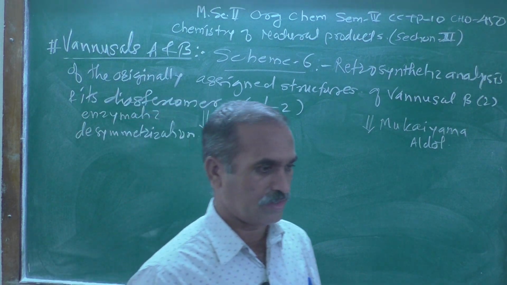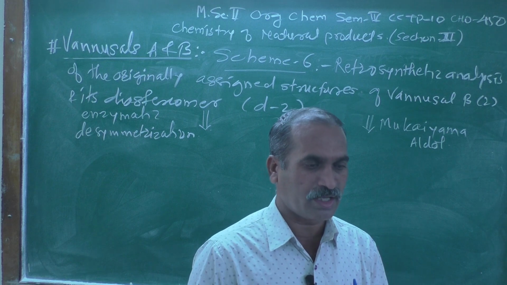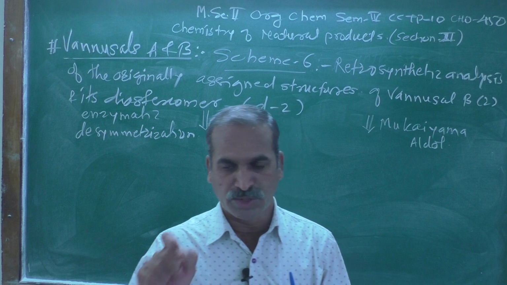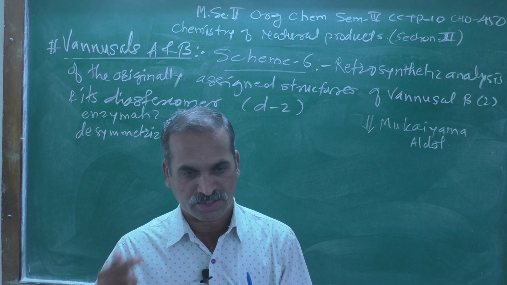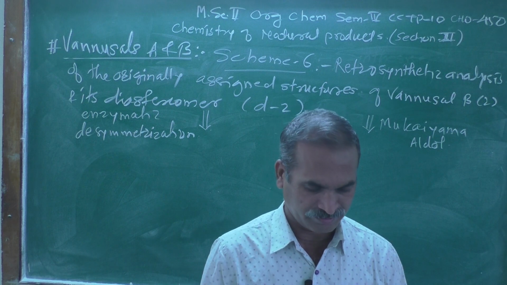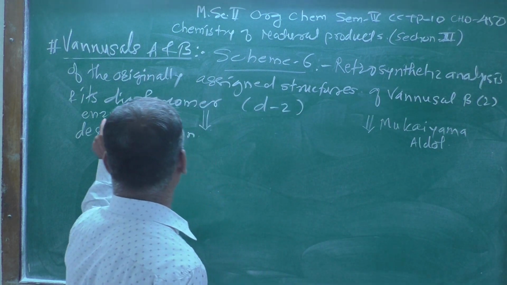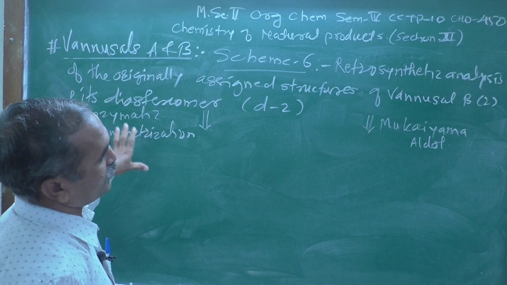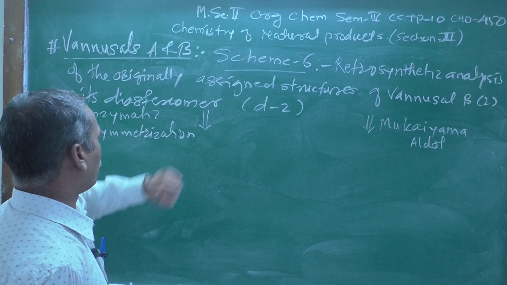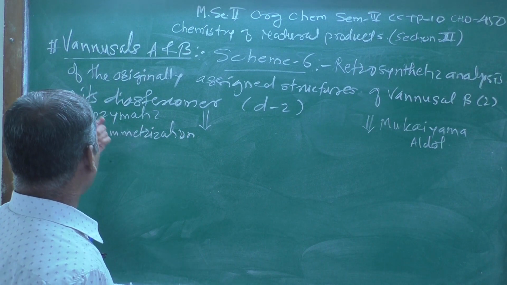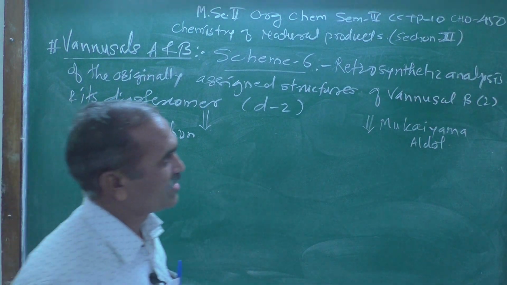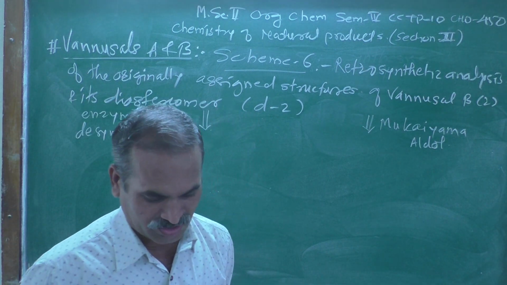Disconnection, as we know, is an analytical process which breaks a bond and converts a molecule into a starting material. And on that arrow we have written what kind of approaches we are going to use: enzymatic desymmetrization and the Mukaiyama aldol condensation reaction.